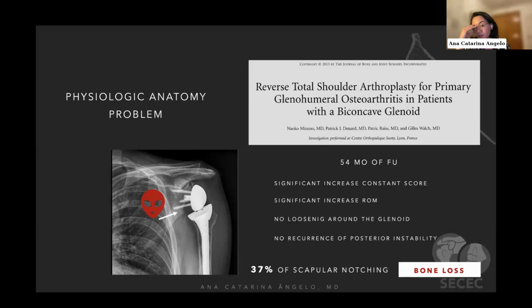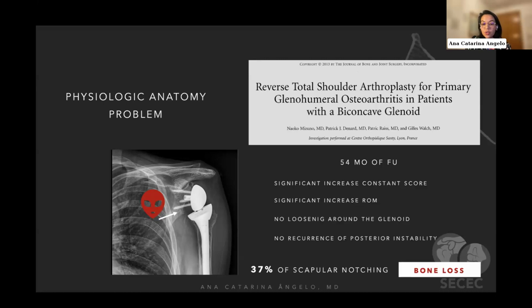And they presented their first results in 2013 with a good follow-up, and they reported a significant increase in patient-reported outcome measures and range of motion, no loosening around the glenoid, unlike what happens in anatomic cases, and no recurrence of posterior instability. But they reported a high degree, 37%, of scapular notching.